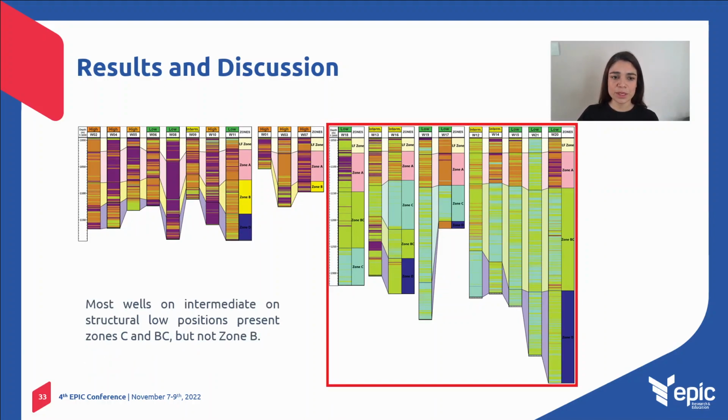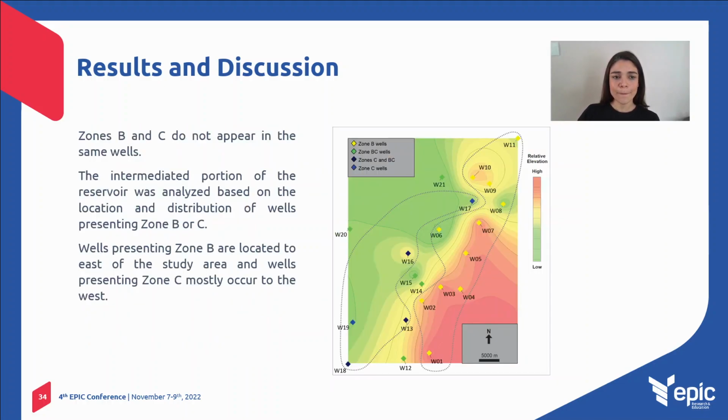And most of the intermediate and structural low wells present Zones C and BC, but not Zone B. So, considering that Zones B and C do not appear in the same wells, this intermediate portion of the reservoir was analyzed considering the location and distribution of the wells presenting either Zone B or Zone C. And wells presenting Zone B are located to the east of the study area, while Zone C mostly occurs to the west.